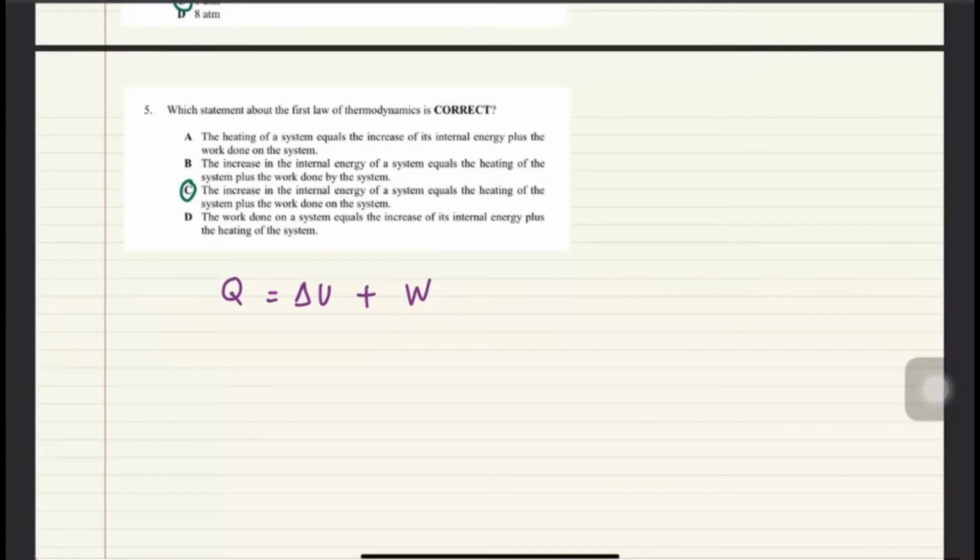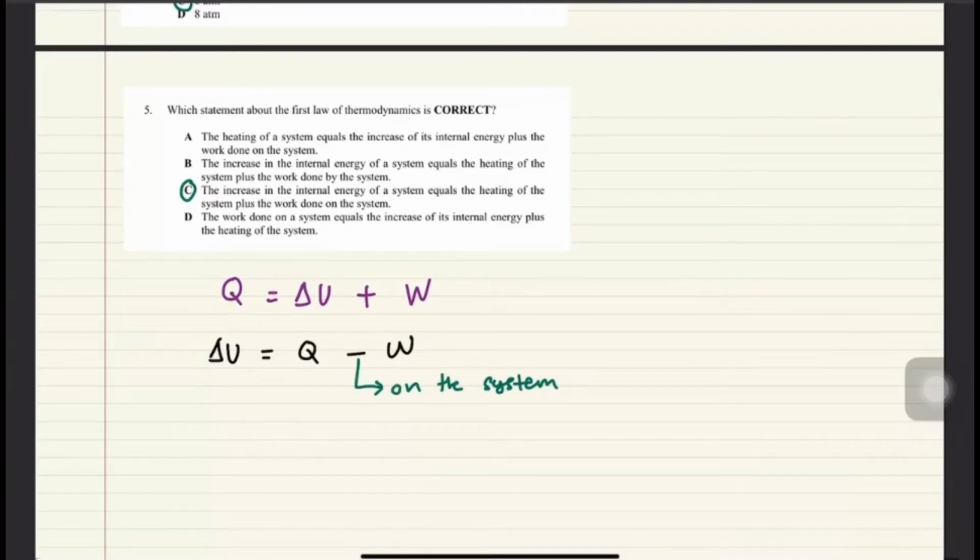Okay. So dia kata internal energy increase equals the heating of the system. Okay. And the work done on the system. So it comes on because this is a negative sign. It means that this one is on. Okay.